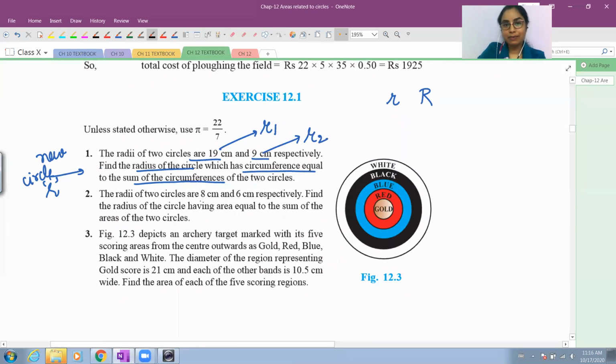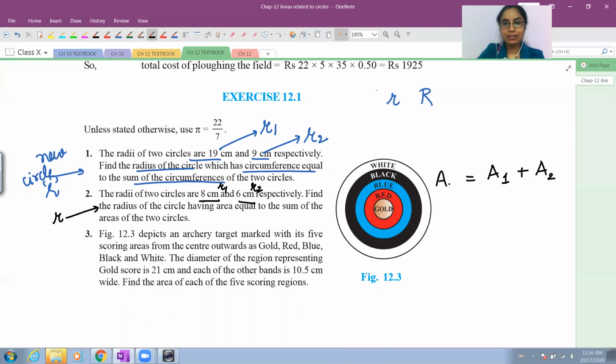So you will have R1 as 8, R2 as 6. You have to find out the radius of the circle whose area is equal to the sum of the areas of these two. Let's say the radius of the new circle is R. Then the equation is: area of new circle equals area of the first circle plus area of the second circle. This is how you will be solving question number 2.